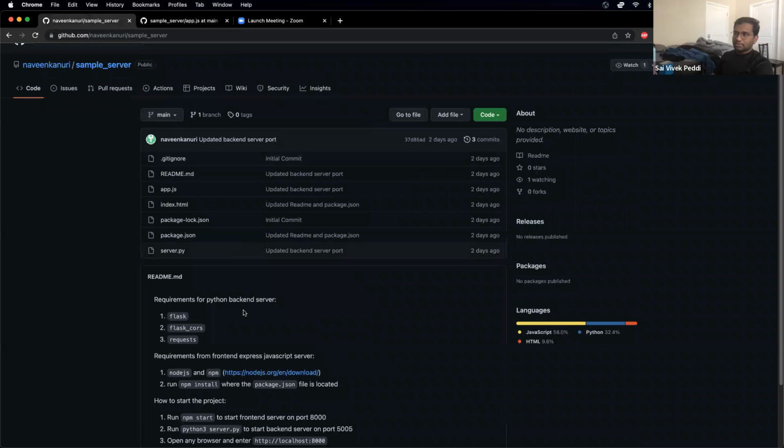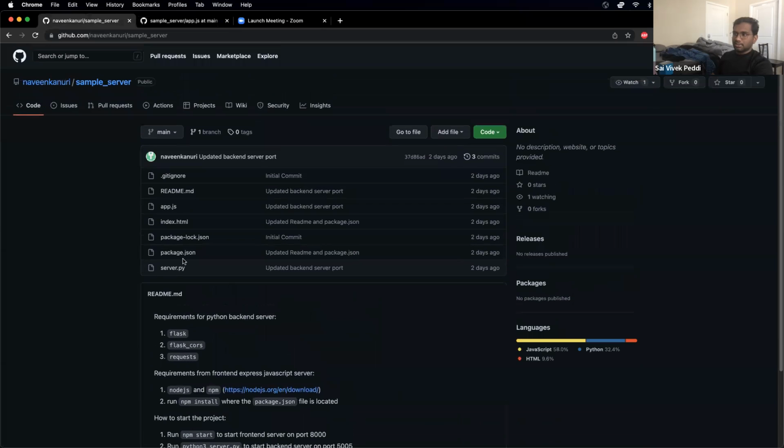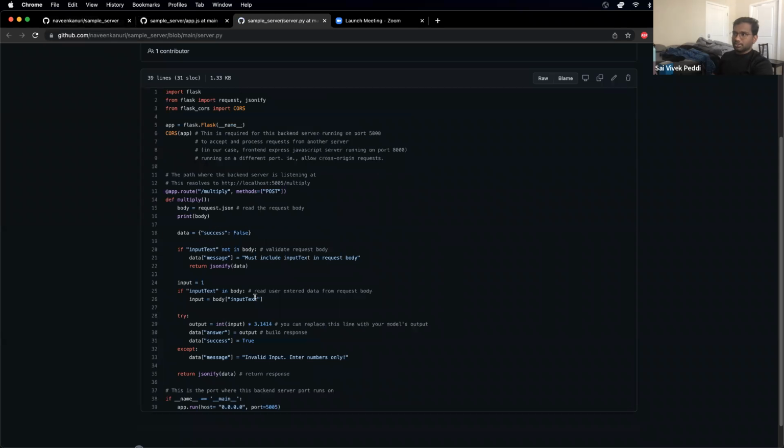Now let's quickly take a look at the server, and then we'll move on. So this is the sample server. It is also a very simple server. We have defined a route called multiply.